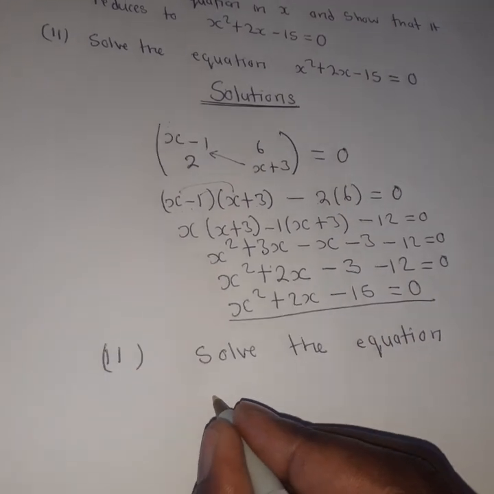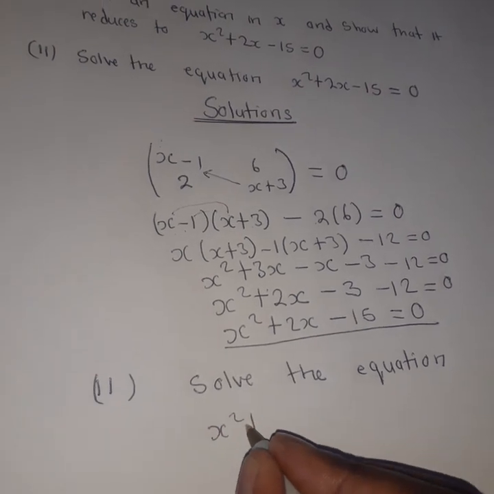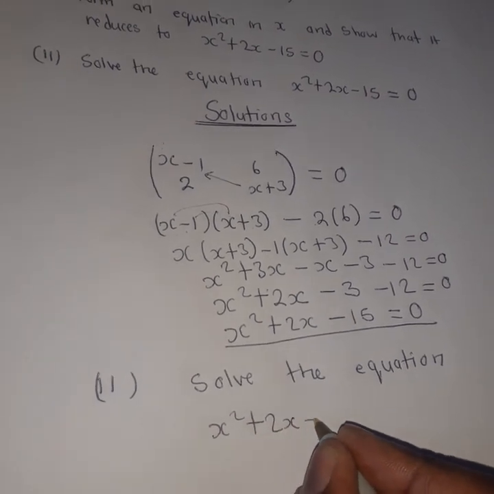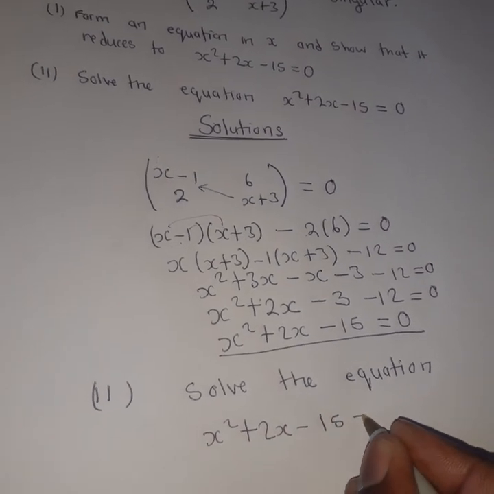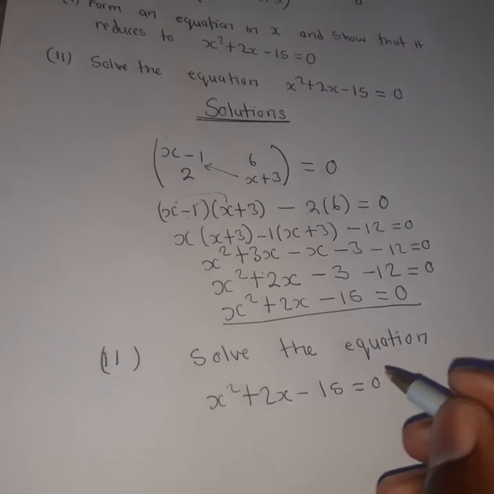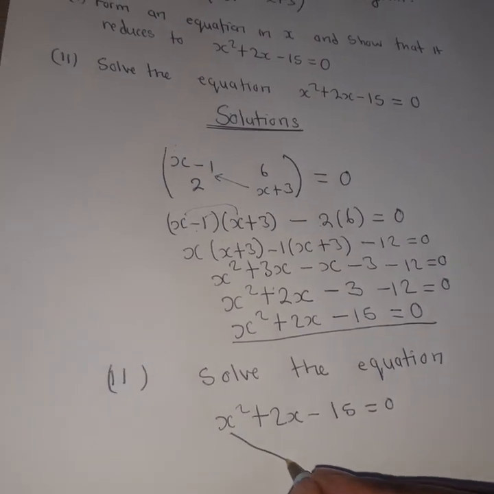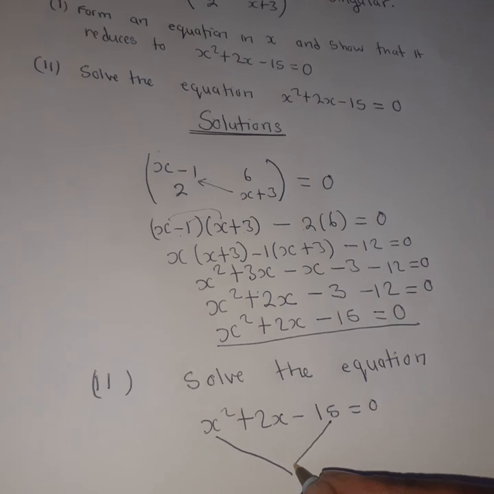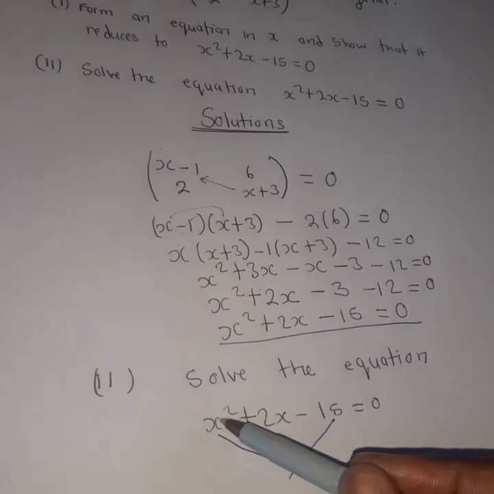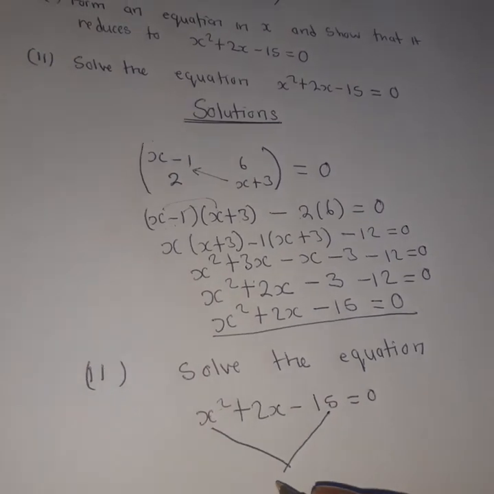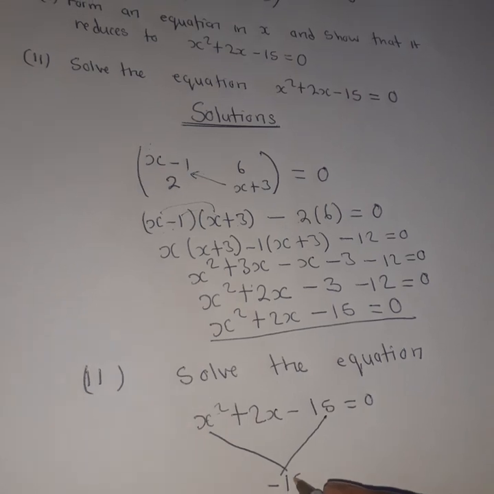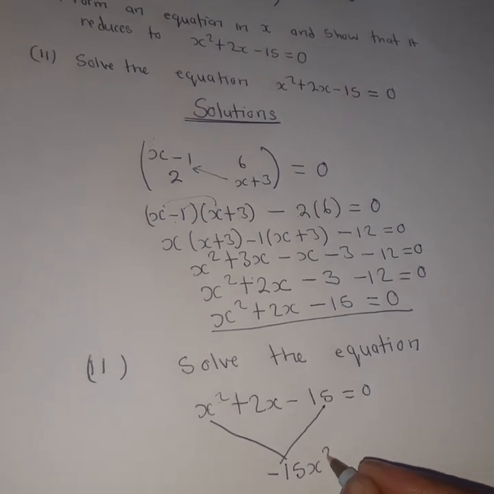The equation right here is x squared plus 2x minus 15 is equal to 0. We're going to solve it using product and sum. We multiply the first and the last term, so we get minus 15x squared.